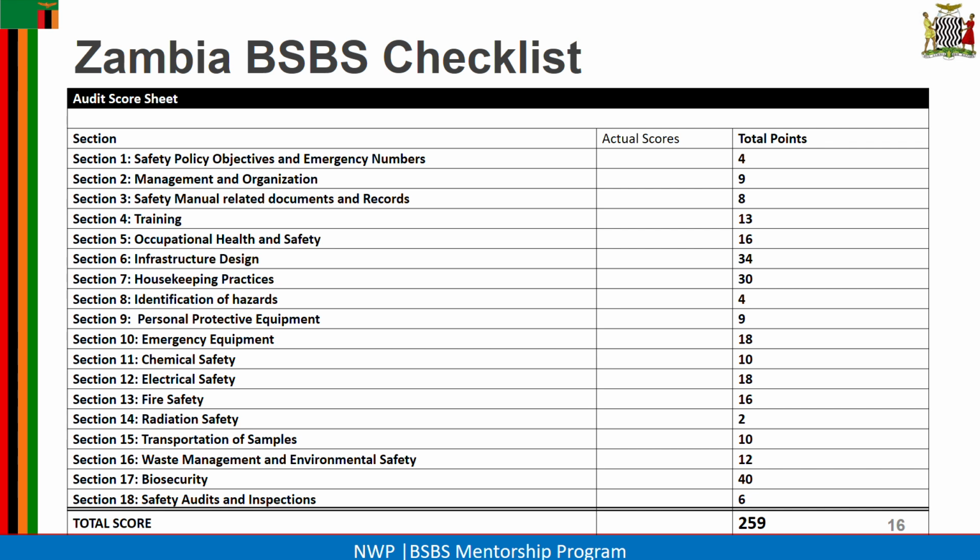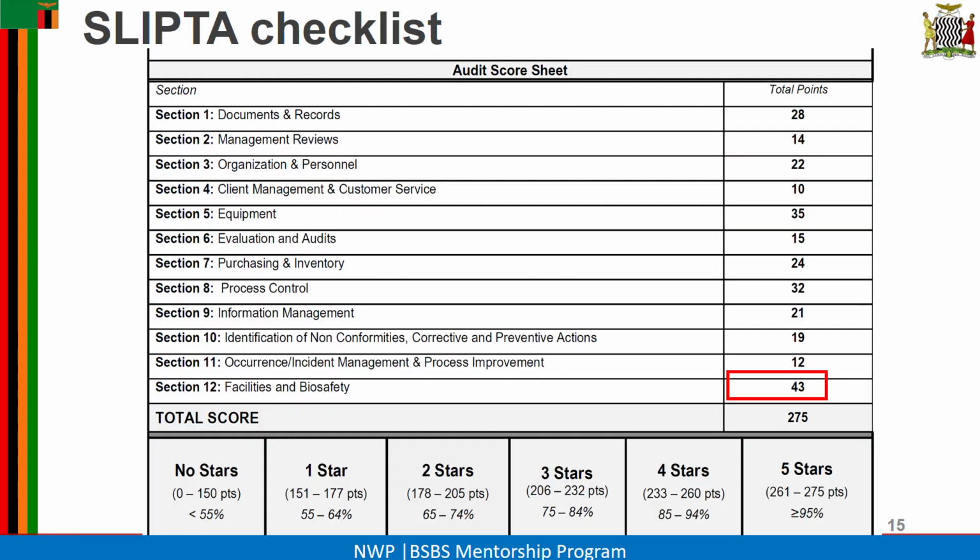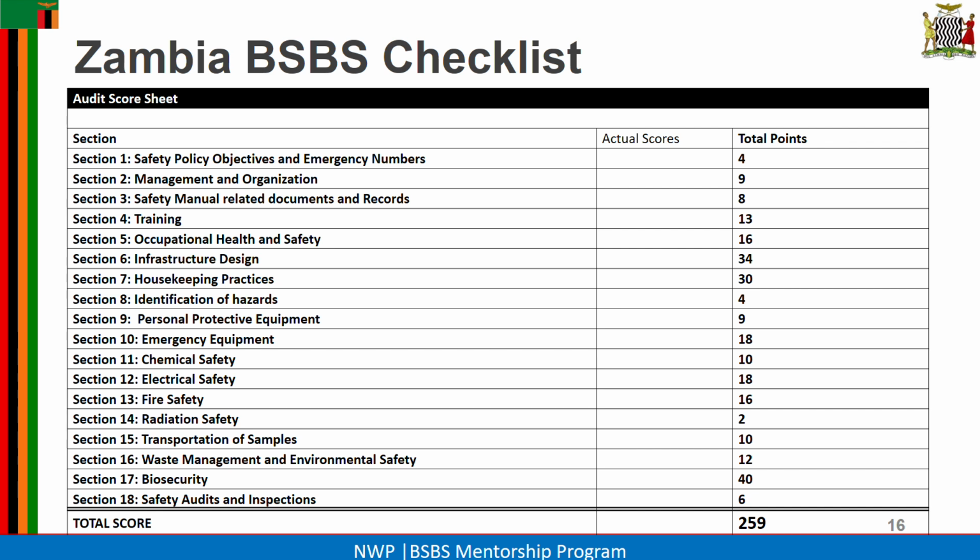But if you score almost all the 259 points in this checklist, it means that scoring the 43 points in the SLIPTA checklist is going to be easier, because this checklist is a bit more comprehensive as compared to the section in which facilities and safety is.